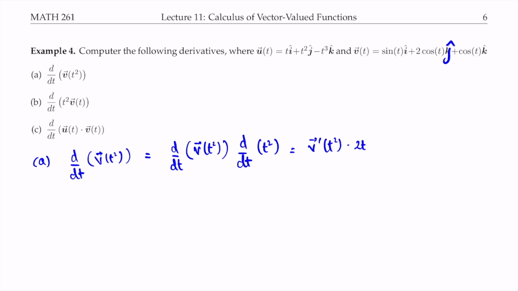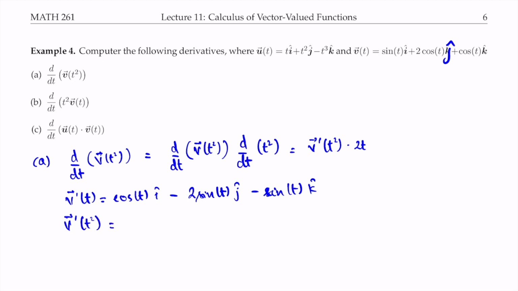The derivative of the function v is going to be cosine of t i minus 2 times sine of t j minus sine of t k. And then when you want to find v prime of t squared, you get cosine of t squared i minus 2 times sine of t squared j minus sine of t squared k.